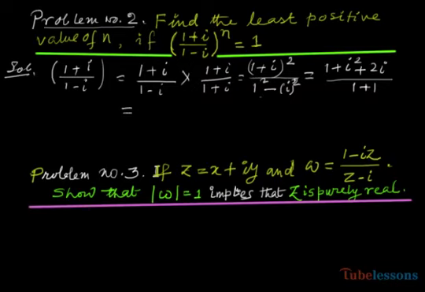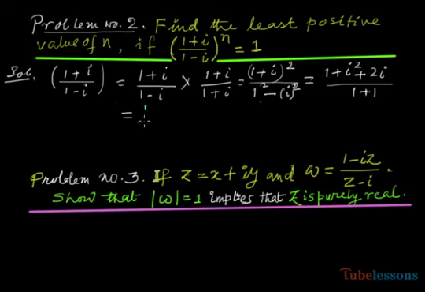Now this 1, then i square, that is minus 1, plus 2i. 1 plus 1, 2. So now 1 and 1 are cancelled. So 2i by 2 is equal to i.